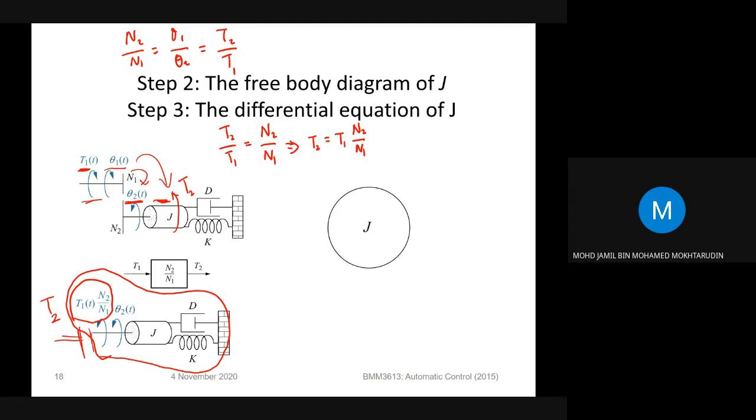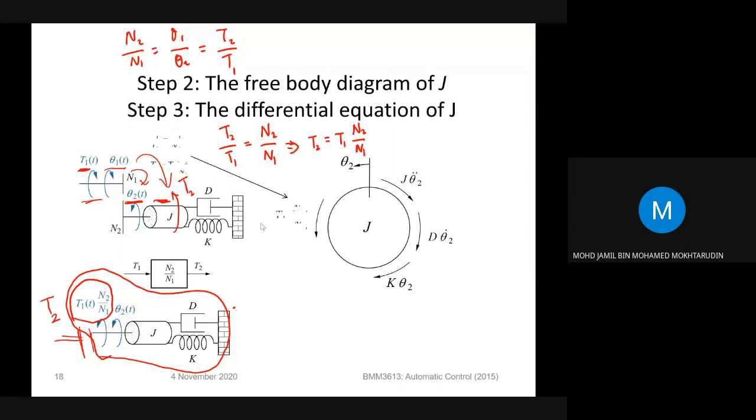So from this figure, we can draw the free body diagram as in lecture 4 or quiz number 4. Here on J, you have damper D and spring K. Assume theta 2 counterclockwise. So J theta 2 double dot will be clockwise, D theta 2 dot will be clockwise, and spring K theta 2 clockwise.